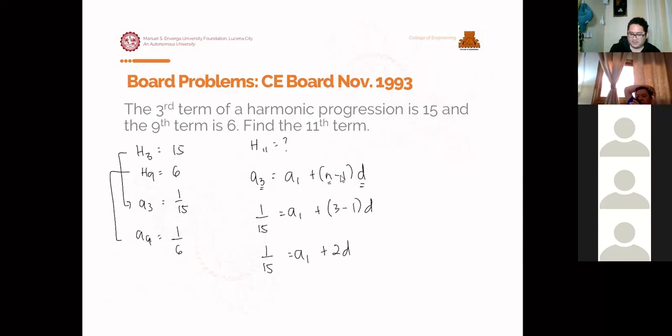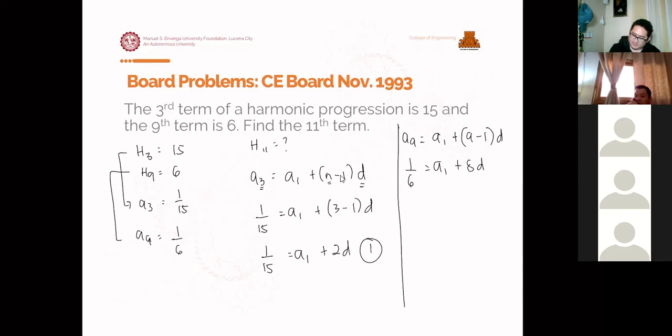Ito yung first equation natin. Second equation, A9 is equals to A1 plus yung n natin is 9 minus 1 D. So, value ng A9 natin is 1 over 6. A1 is unknown. So, magiging 8D. So, ito yung second equation natin.